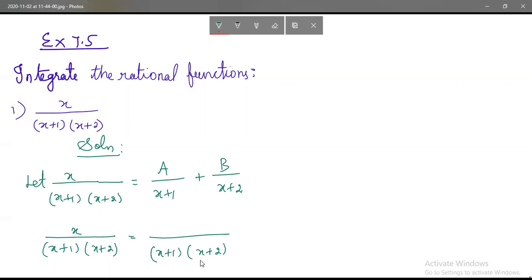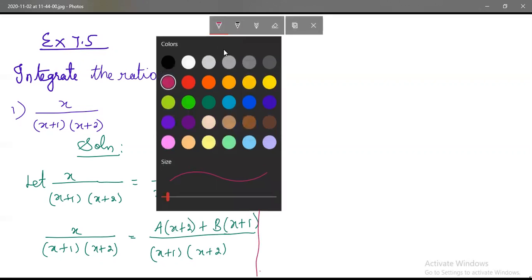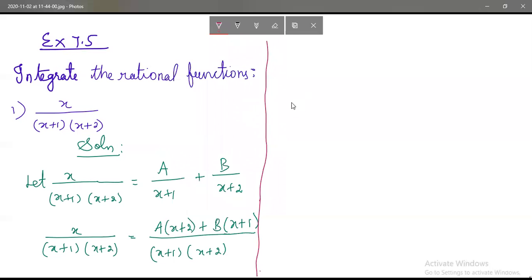So the denominator is (x plus 1)(x plus 2), and the numerator is A into (x plus 2) plus B into (x plus 1). Now the denominator gets cancelled, right?